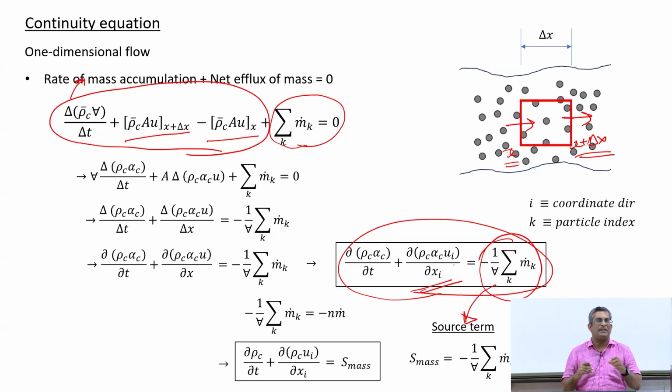So, if the particles are not evaporating or condensing, let us say you use solid particles in isothermal flow, then this term should be 0 and you get back your continuity equation.